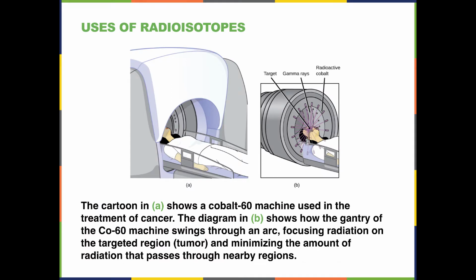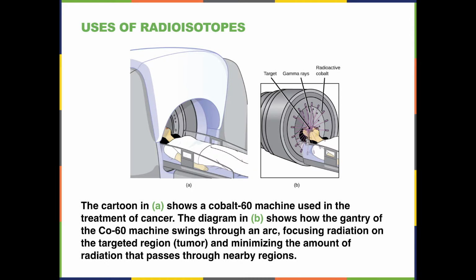This is a cartoon that shows the radiation treatment with cobalt-60. Now, I'll tell you that cobalt-60 hasn't been used for radiation treatment for a long time. But diagram A shows the patient inside the cobalt holder. The cobalt holder is inside the covered area.